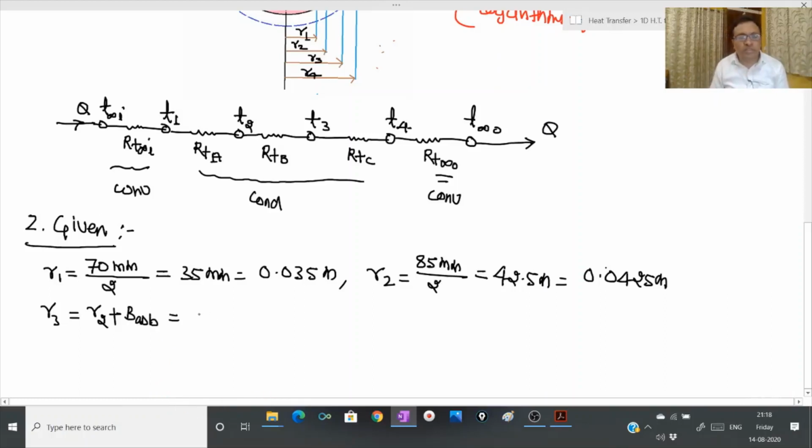R2 is 42.5 mm and thickness of the asbestos insulation is given as 35 mm. So this will be 77.5 mm or 0.0775 meter.